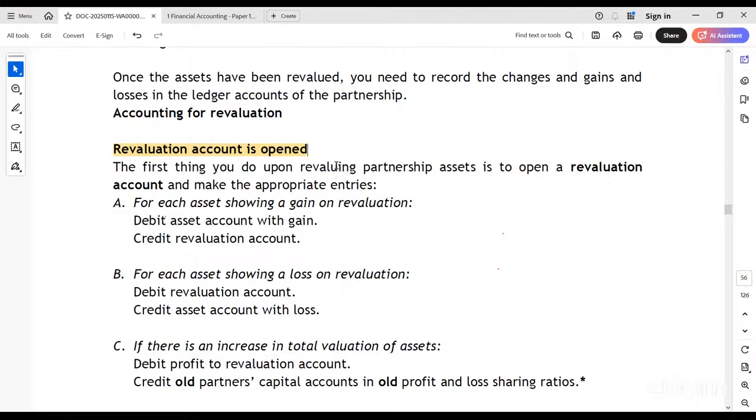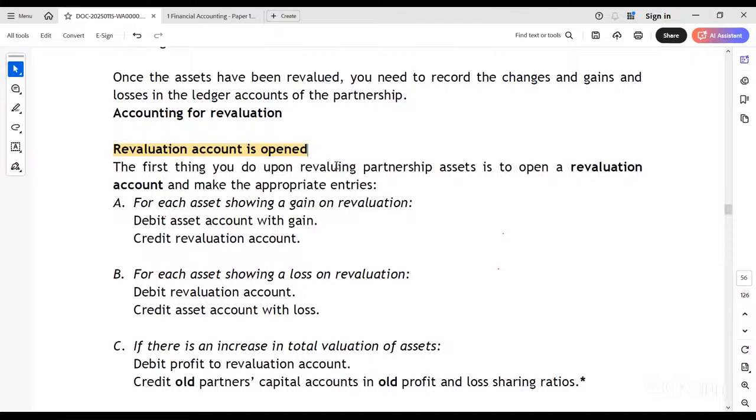For each asset showing a gain on revaluation, if the asset has been revalued upwards, then we debit the asset account with the gain, and then we credit the revaluation account.